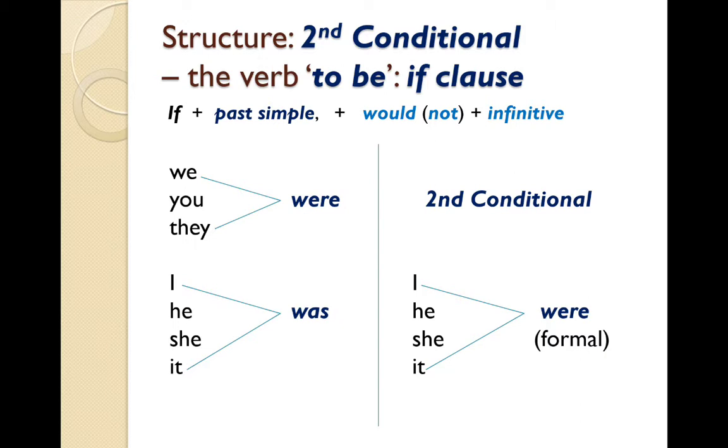So in the second conditional, only in the second conditional, you can use were as the past tense of the verb to be for all subjects. We were, you were, they were, I were, he were, she were, and it were.